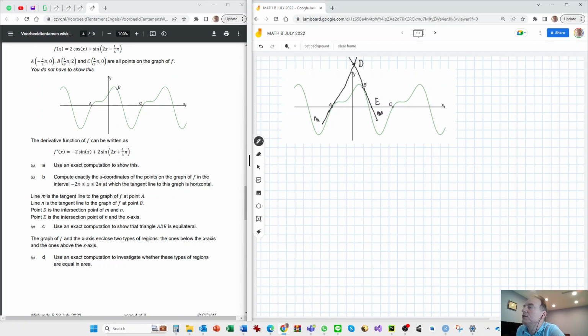That means all these angles here, let's call it A, E, and D, all these angles A, D, and E are 60 degrees. So we have to prove that A equals E equals D equals 60 degrees.